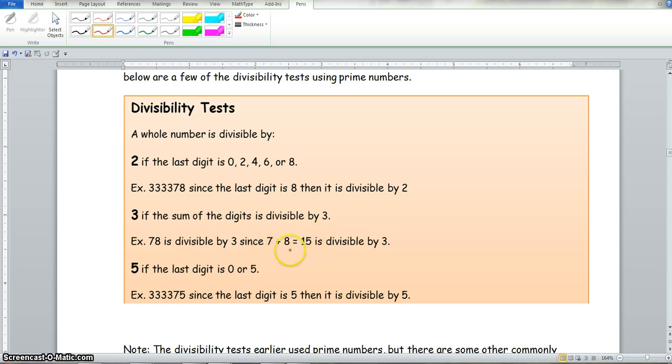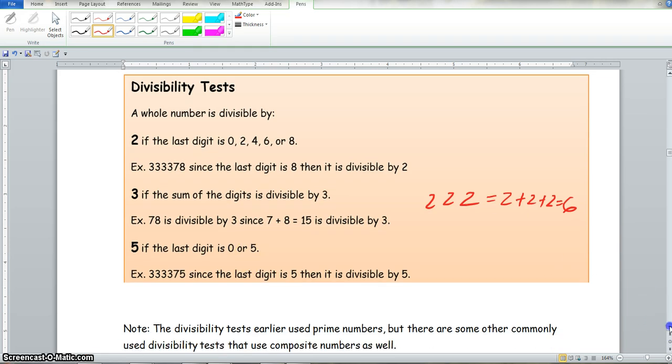If the digits added together give you a multiple of 3, then the whole number is divisible by 3. Just like this, 222. That doesn't look like it would be divisible by 3, but if we add the digits together, that gives us 6. So that means 3 would go into 222 evenly. Now a number is divisible by 5 if the last digit is 0 or 5.